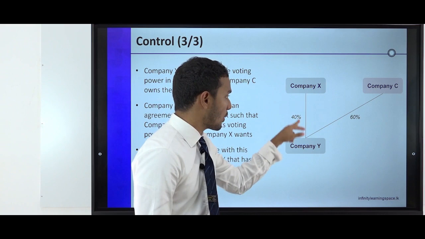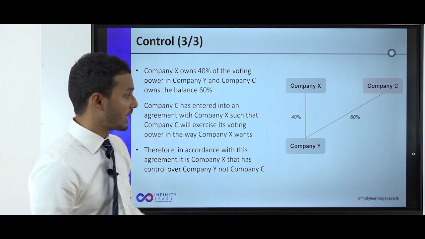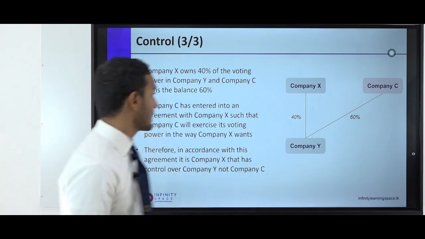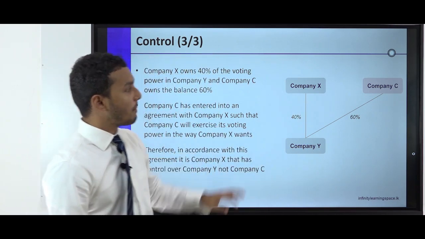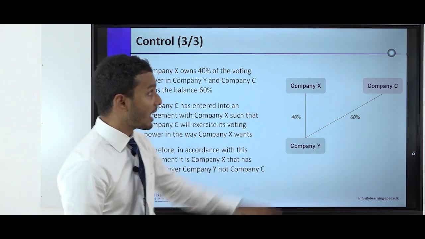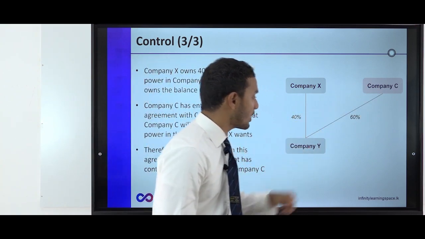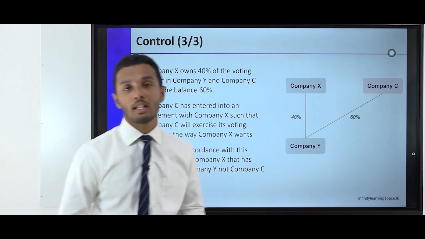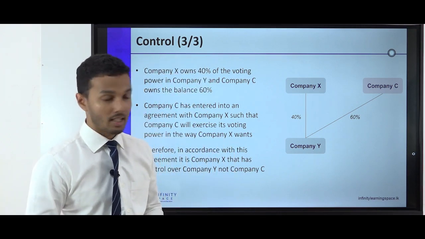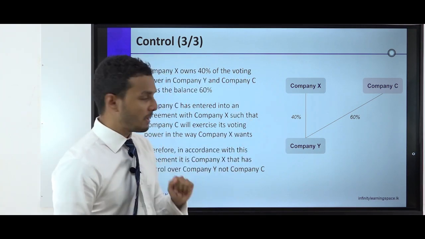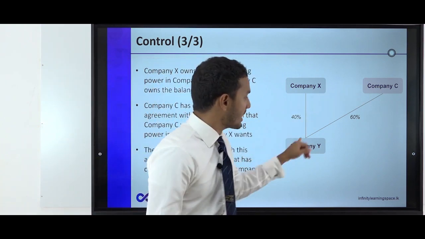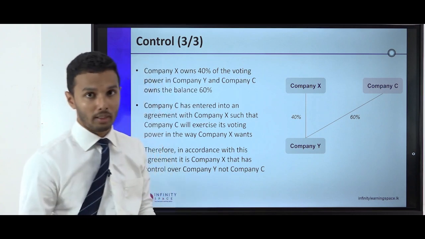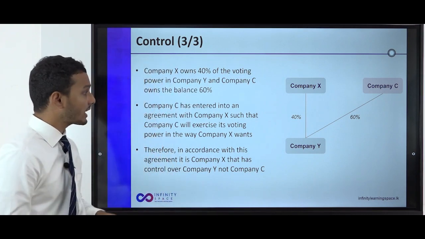By the looks of it, company C seems to have control over company Y because he has more than 50% of the ordinary voting shares. And we might think that he is the parent, he is the subsidiary, and there's a group linking company C and Y, right? But let's look at the facts.